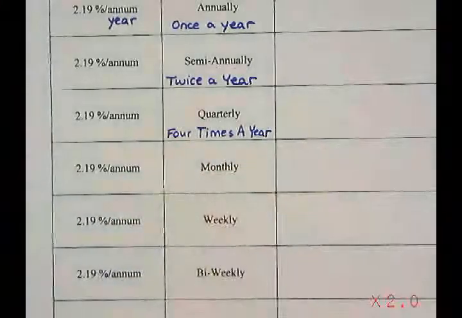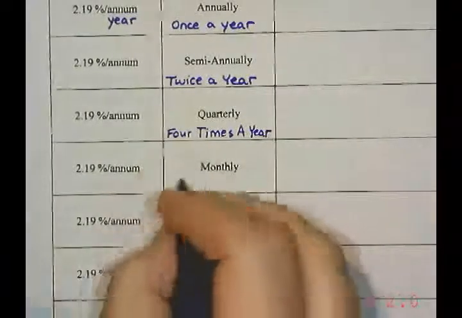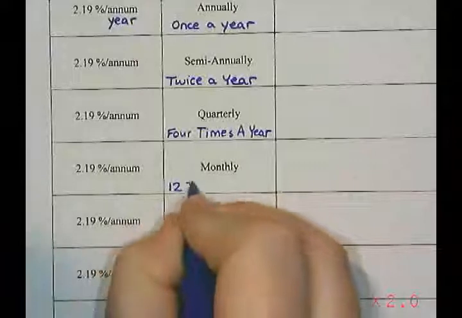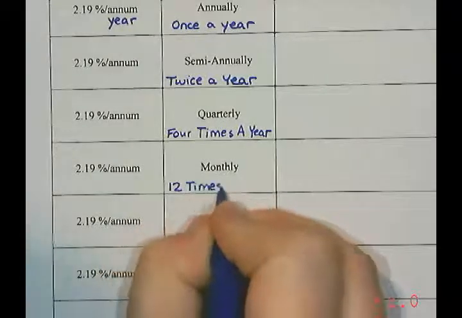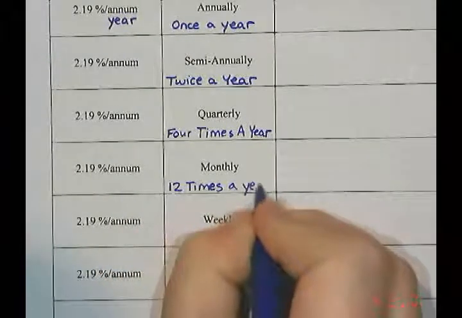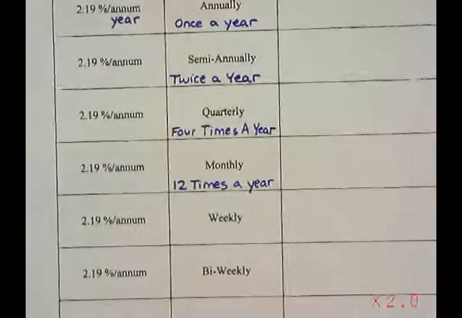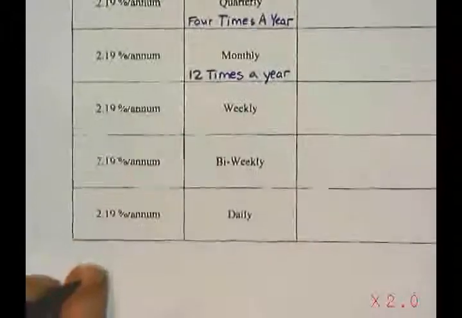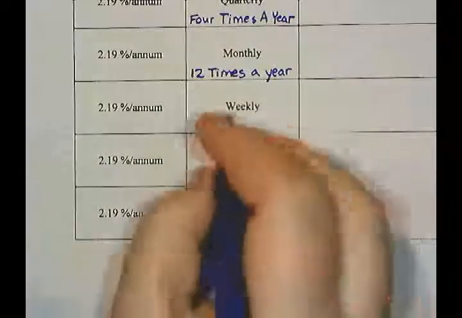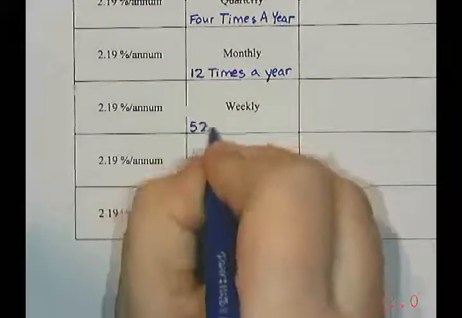Now, months, there are 12 months in a year, so that would be 12 times a year. There are 52 weeks in a year, so if something is weekly, that would be 52 times a year.